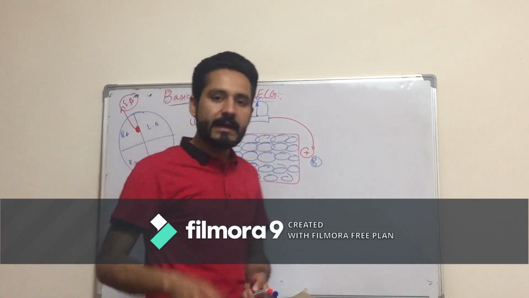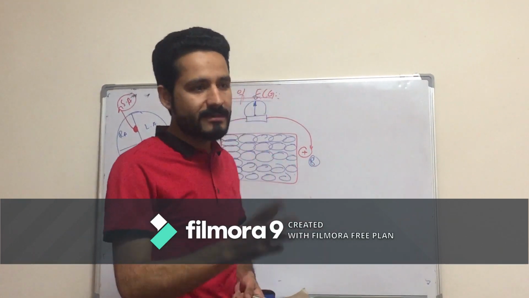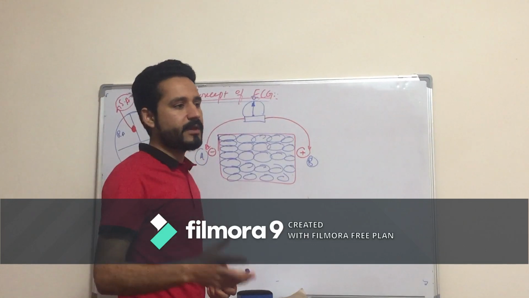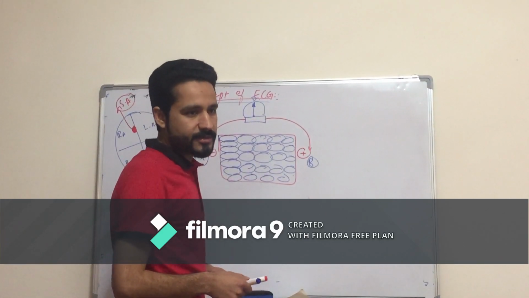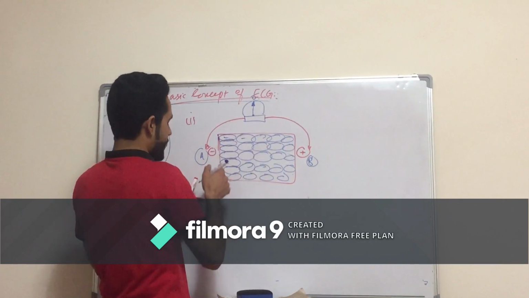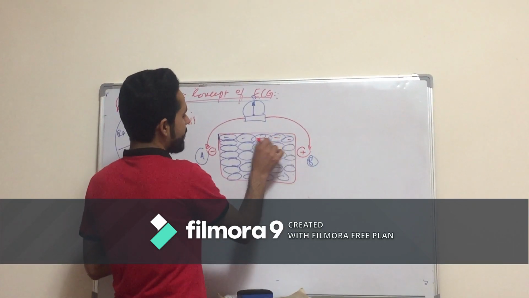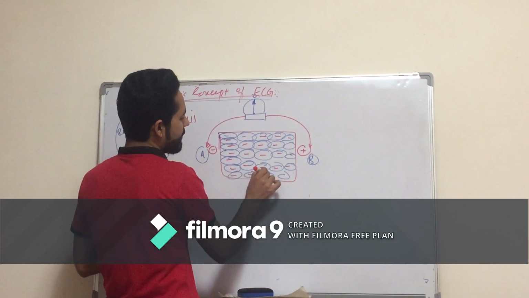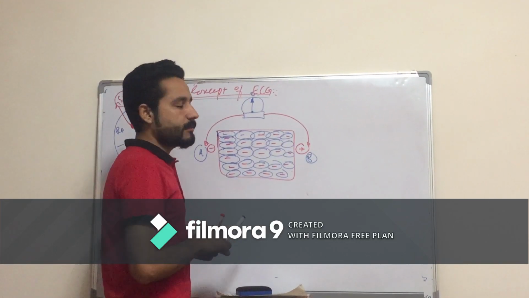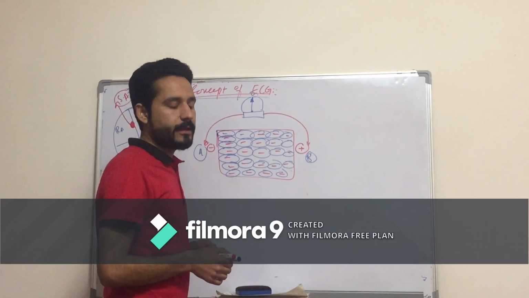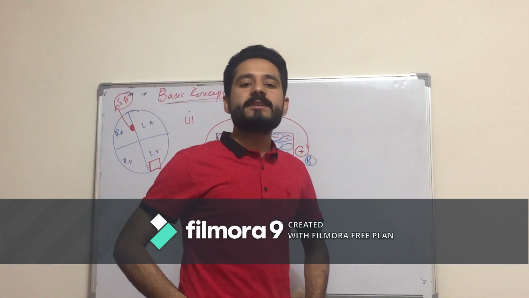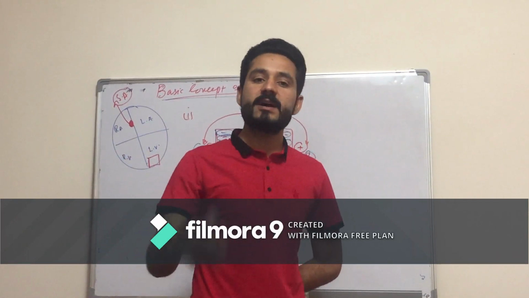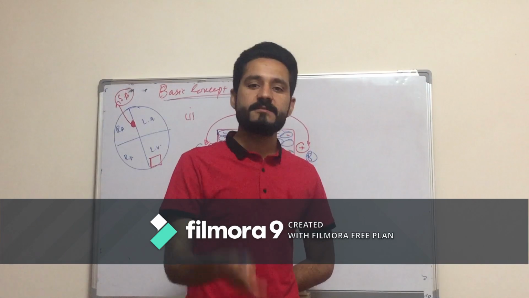As you know, when the heart is in the relaxed or resting state, the intracellular environment is more electronegative. There are a lot of negative ions inside the myocardial cells, so all the cells are in the resting state. There will be no electric current produced, because we have studied that electric current is produced because of opposite ions, positive and negative.